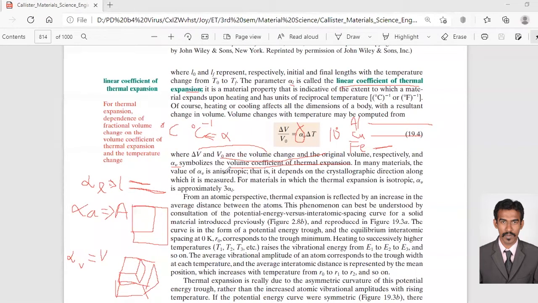In many materials, the value of alpha V is anisotropic, that is, it depends on the crystallographic direction along which it is measured.